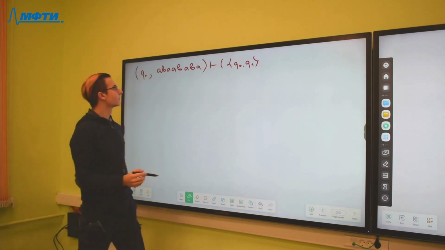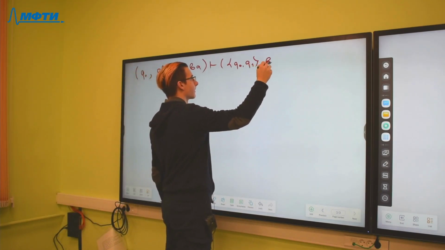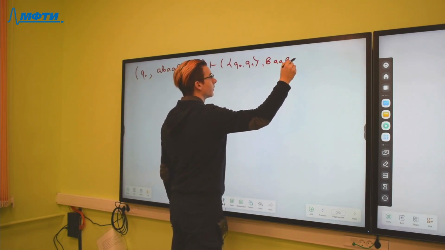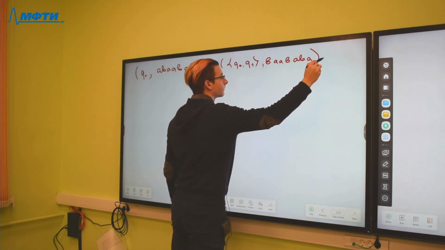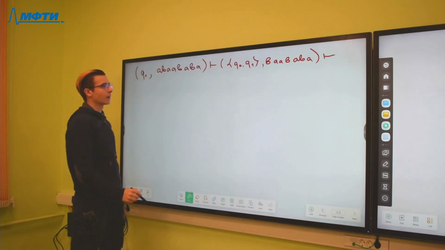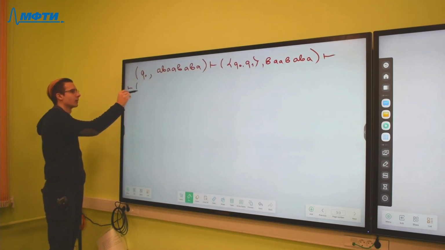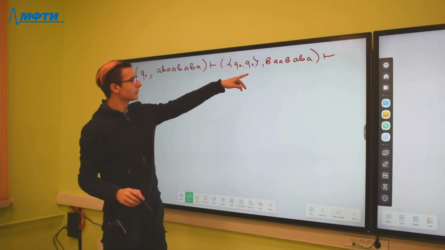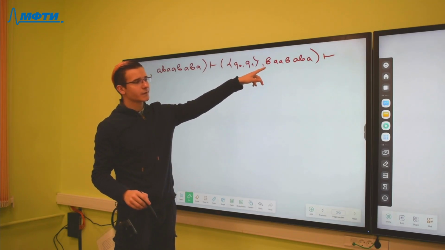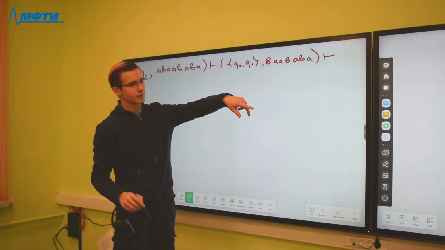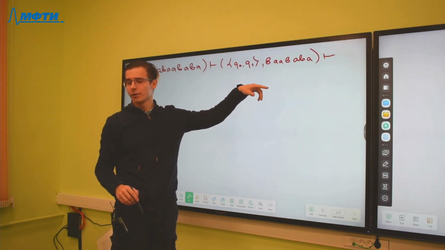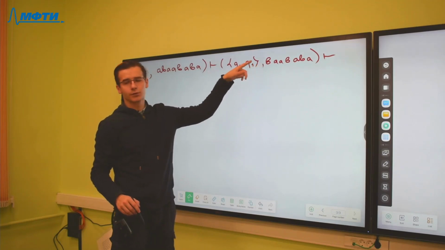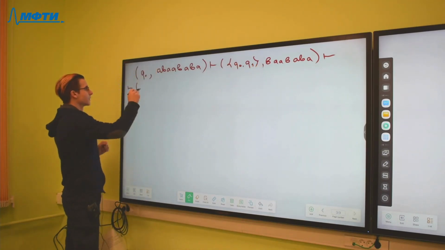And I read A. Then I read B, and I see that there is an edge from Q0 to Q0 by character B, and from Q1 to Q2.